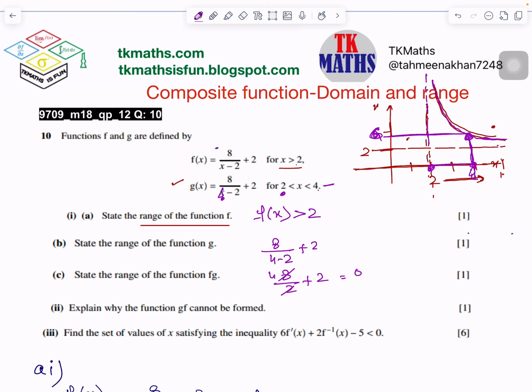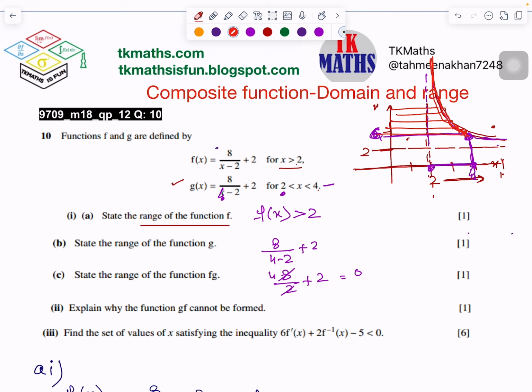Between 4 and 2, what is the part of the curve? Between 4 and 2, the part of the curve is this one, which is going up here. So for this part of the curve, what are the values of y? Yes, you are absolutely right. It is starting from here, which is 6, so after that it will all be greater than 6.